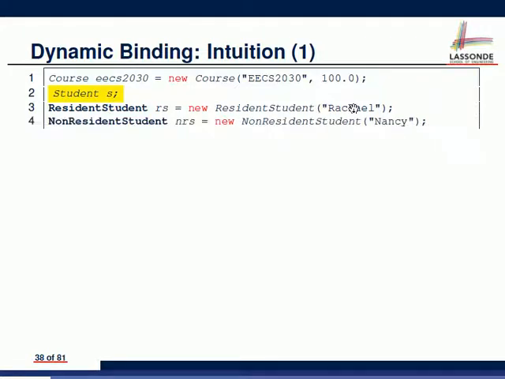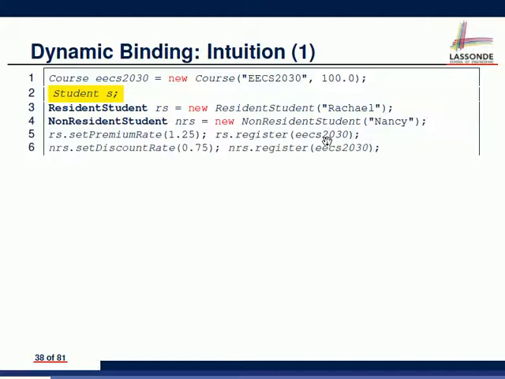And then line number 4, we just got another NRS, non-resident student object. So we got 2 objects of different types, 3 and 4. Now, we also say RS dot set premium rate to be 1.25, and then register 2030. And then we also set a discount rate for NRS, 0.75, and then register 2030.